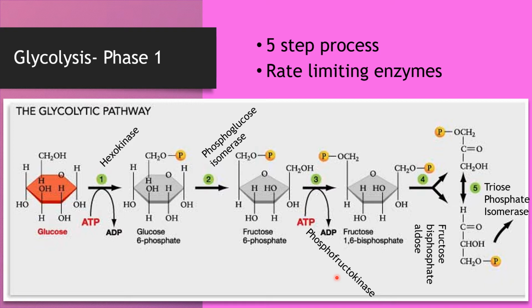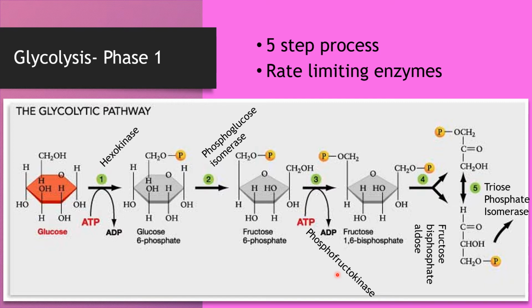Rate limiting enzyme refers to the concentrations of those enzymes in the cytoplasm. So for example, PFK1, this one right here, is used in step 3 to regulate the amount found.